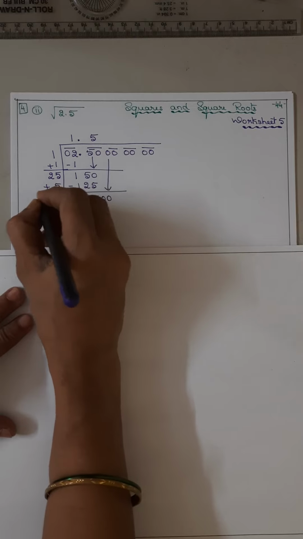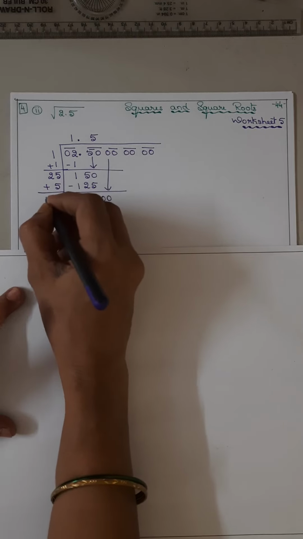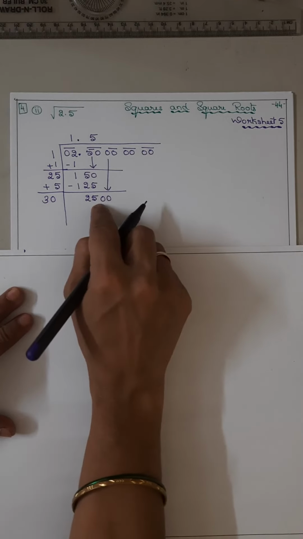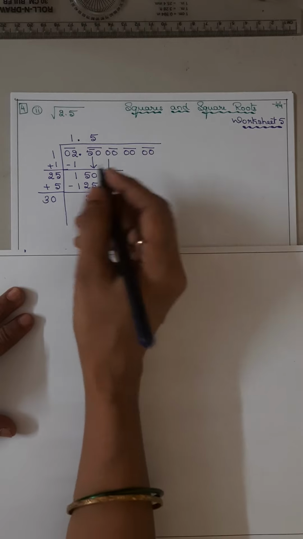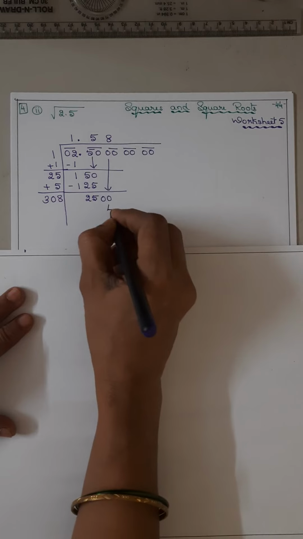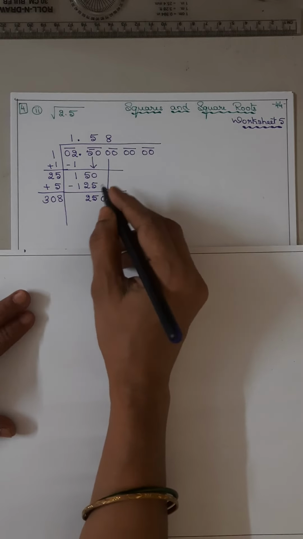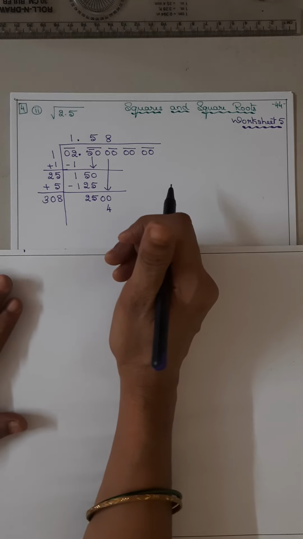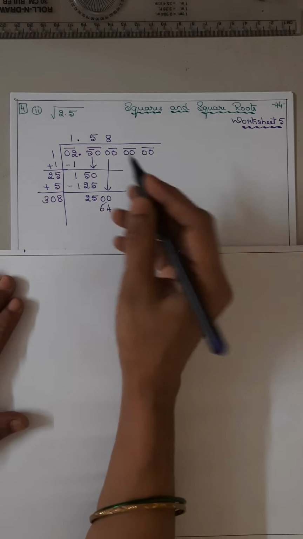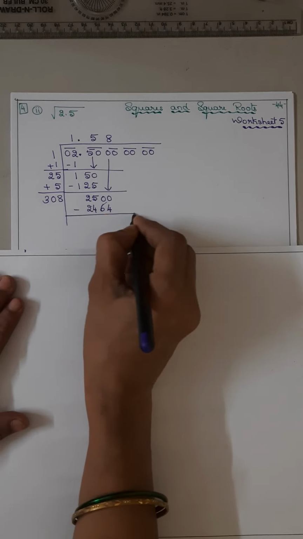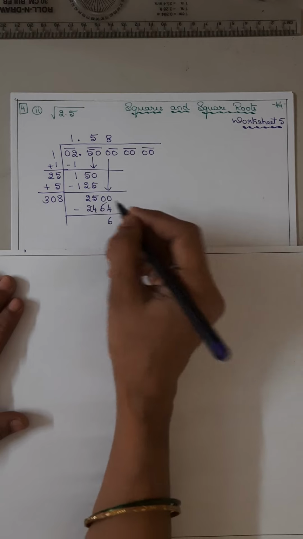Add 5, 5 plus 5, 10. 1 plus 2, 3. Now 3 how much are 25? 3 8s are 24, so you can put 8. 8 8s are 64. 8 zeros are 0. And this 6. 8 3s are 24. Now 10 minus 4 is 6.